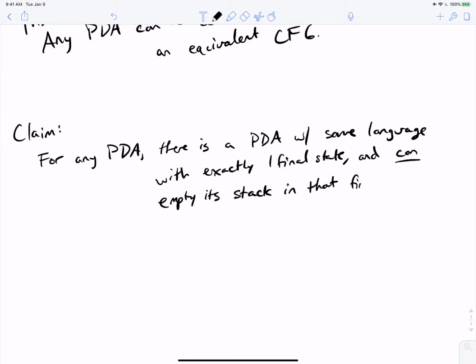I know it's a mouthful, but each one of those words is important.